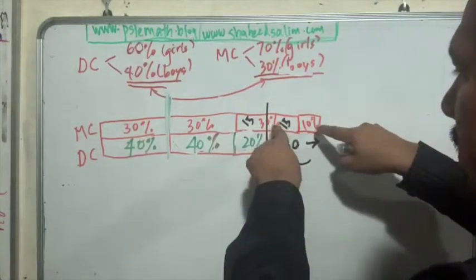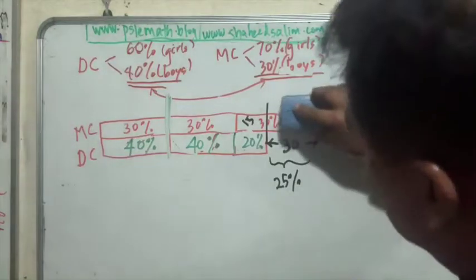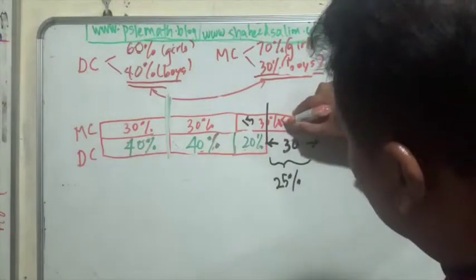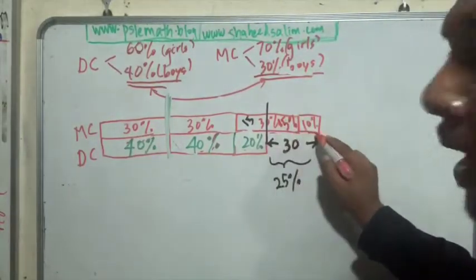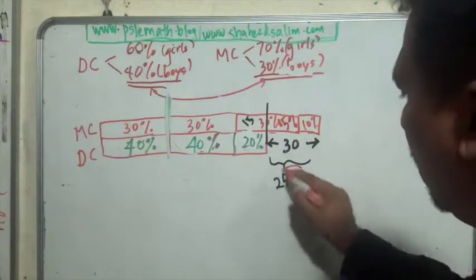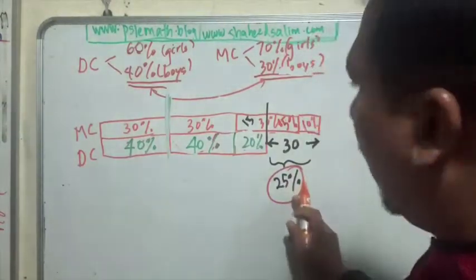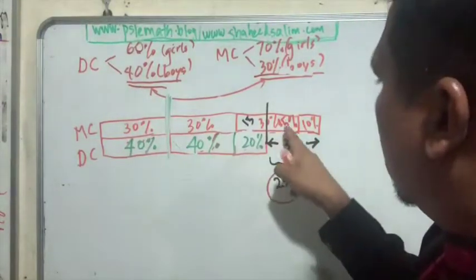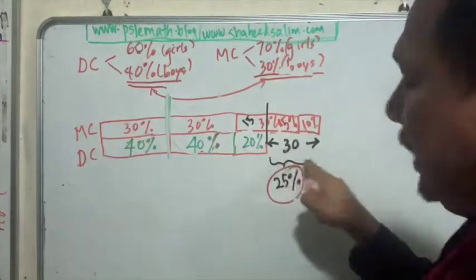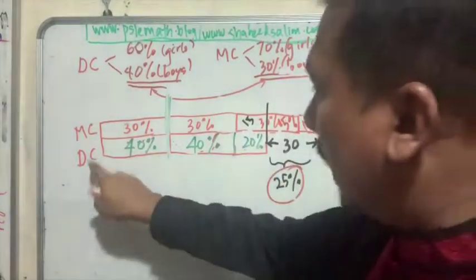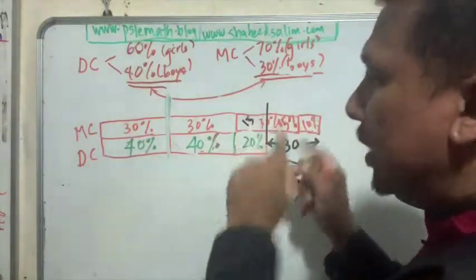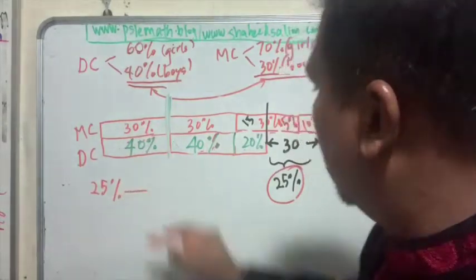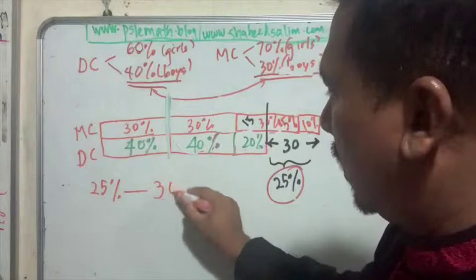Remember, this is orange in color. Do not get confused, because this now is in orange. I didn't add any green here. It is not dance club percentage. It is media club. So 15 plus 10 is 25%. This 25% is equal to 30 members.